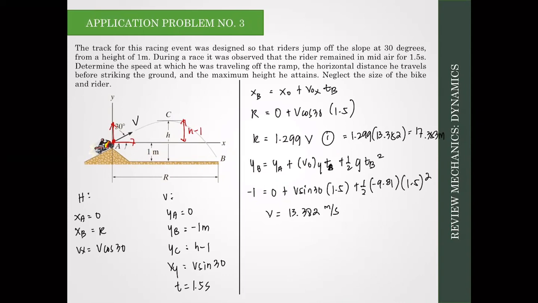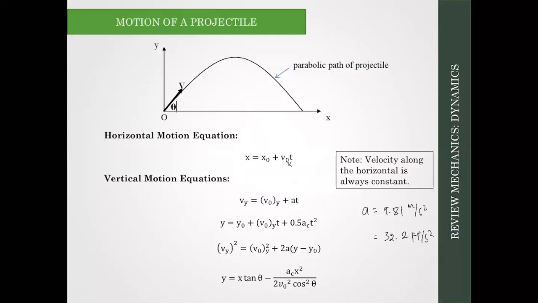So meron tayong isang formula na ang given is yung velocity natin at point C, yung Vy squared is equals to yung initial natin, no? V0y squared plus 2a tapos yung y sub c minus y sub 0 natin. So ito yung, I think, nandito sa pang ilang equation ba yon? So ito, no? Ito 'yan.